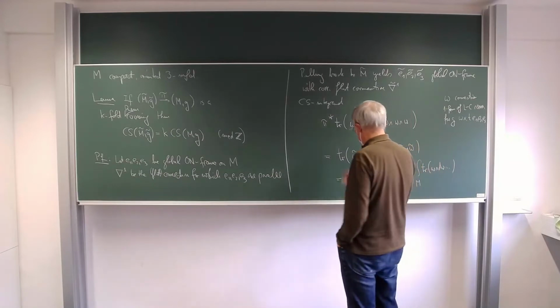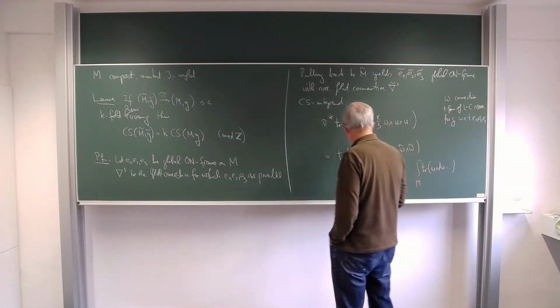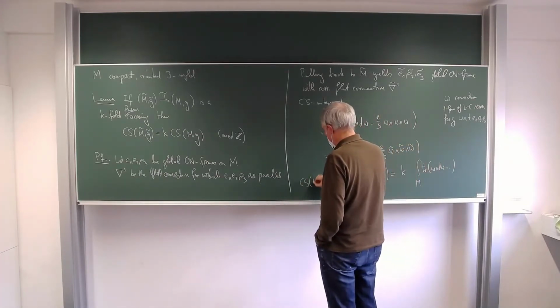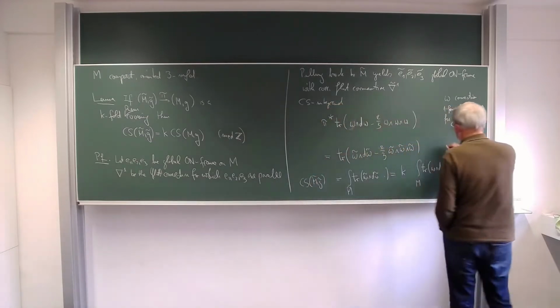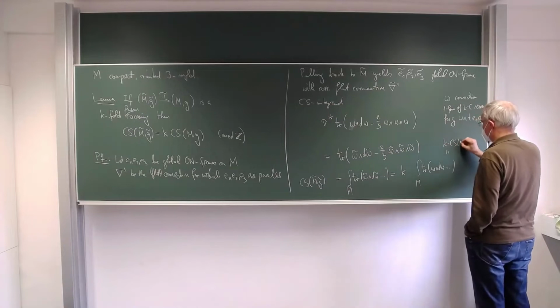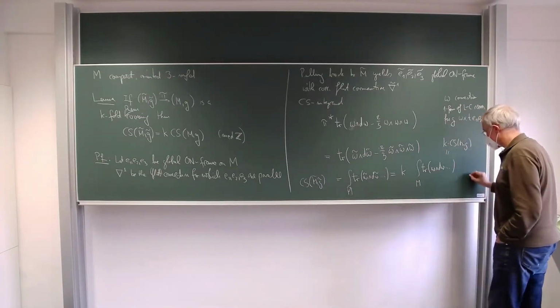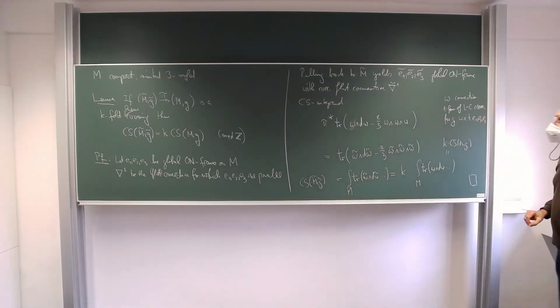And so this is identical to the Chern-Simons invariant of M tilde modulo Z, and this one is k times the Chern-Simons invariant of M modulo Z. Oh, I forgot this constant, but it doesn't matter, right?